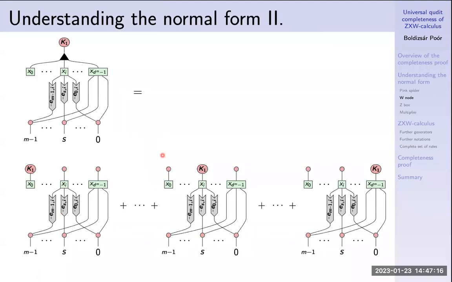So now we see that in this normal form, we have k1 and the W. Then we will have a sum of all k1s at each of these boxes that we will explore a bit later. But first, we have this sum, and it's a bit too lengthy. So let's just focus on this middle part where we have the xi, the ith element of this sum.